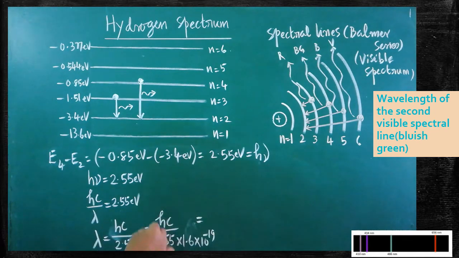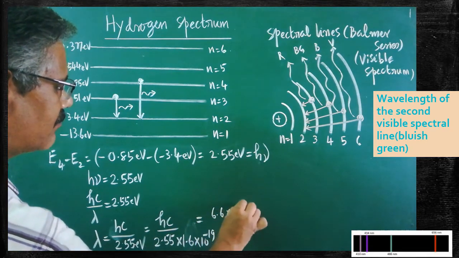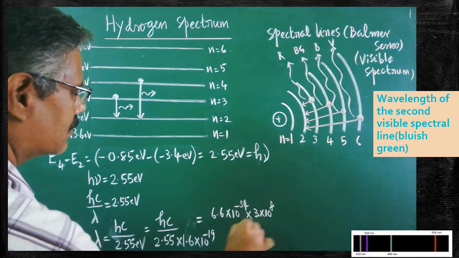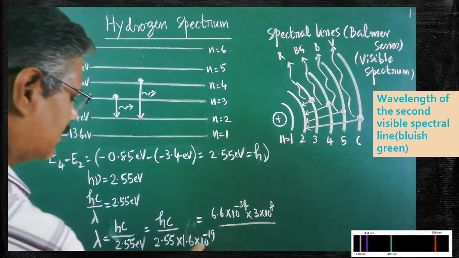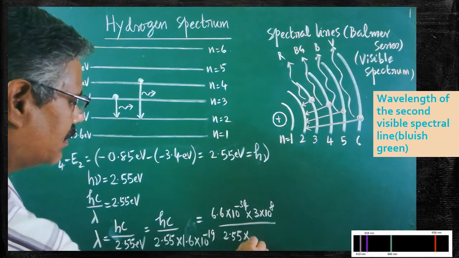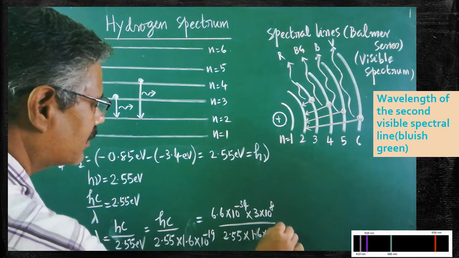H and C, both of them must be substituted. 6.6 into 10 to the power of minus 34, 3 into 10 to the power of 8, whole divided by this 2.55 into 1.6 into 10 to the power of minus 19. Is it clear?